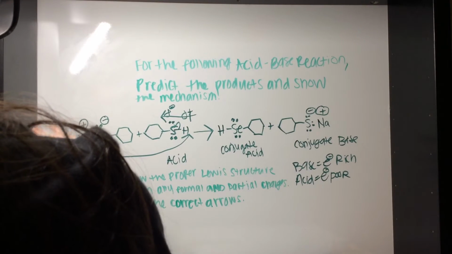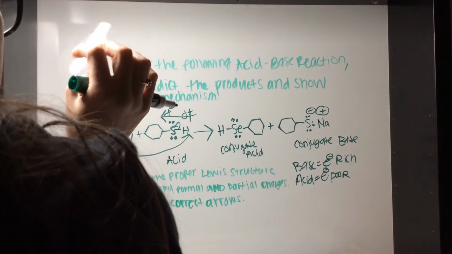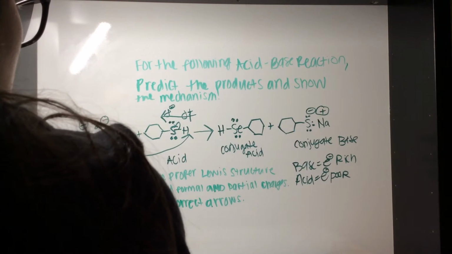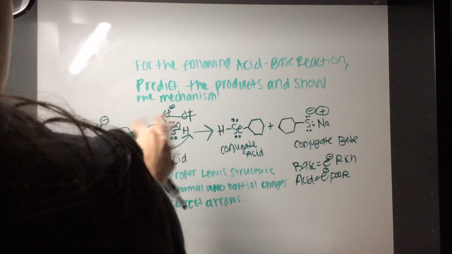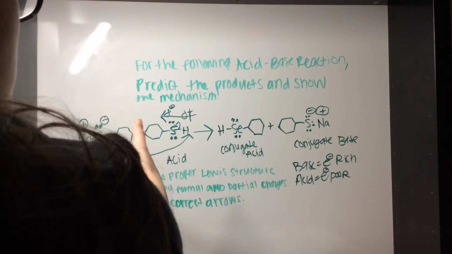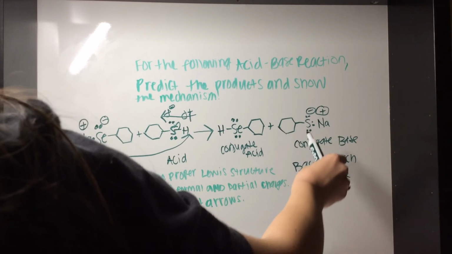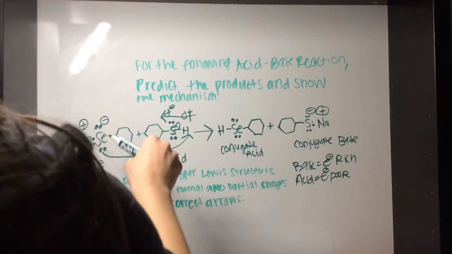So everything in this equation is exactly as it should be. And since this is an equilibrium, these are both occurring at the same time. So we want to make sure that whatever we get on this side, we can use to get back to this.